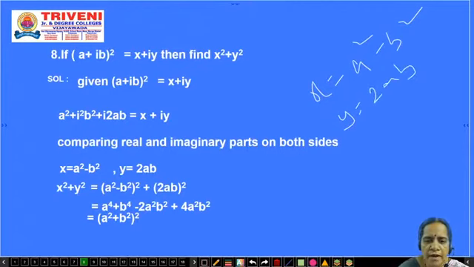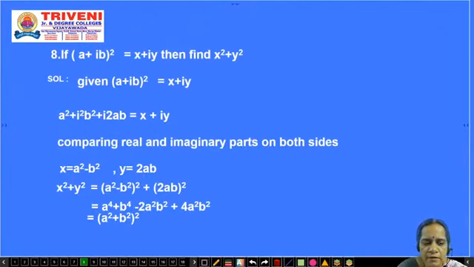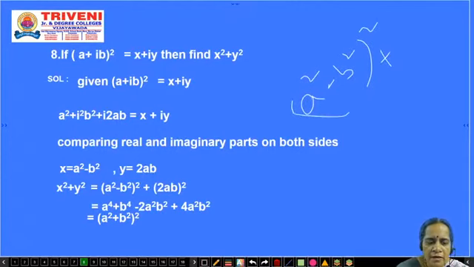Then we have to find the value of x square plus y square. We substitute the value of x. What is the real part here? The x value is a square minus b square whole square plus the y value 2ab whole square.